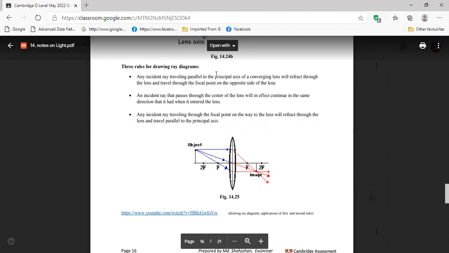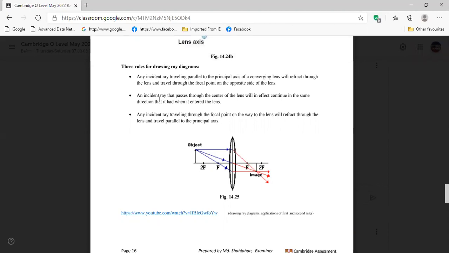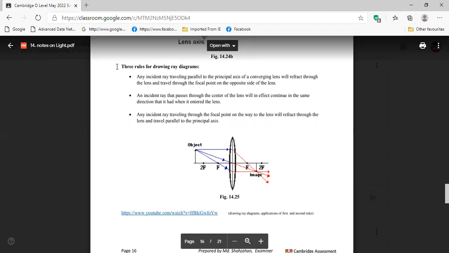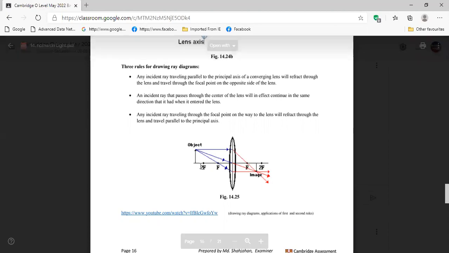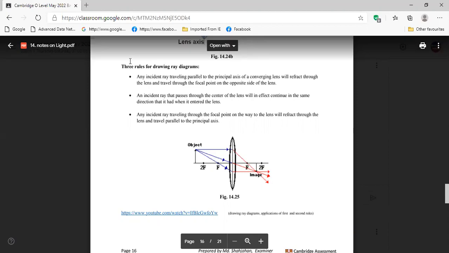Now we will write it. Three rules for drawing ray diagrams. After writing the heading, you draw this diagram.